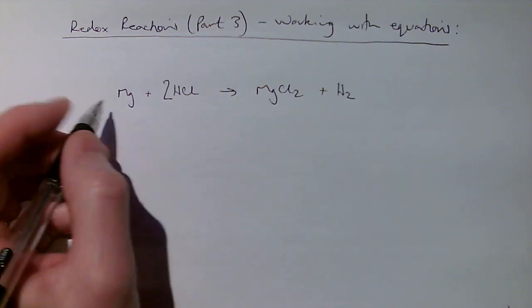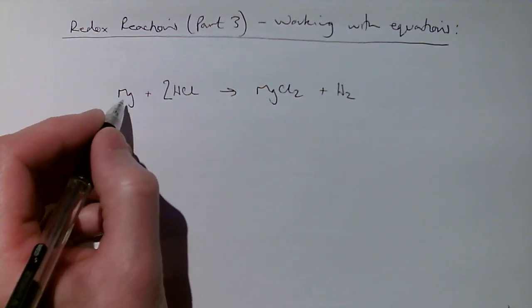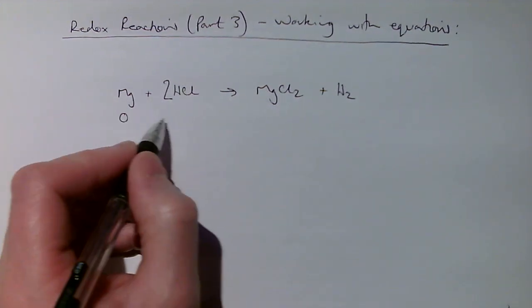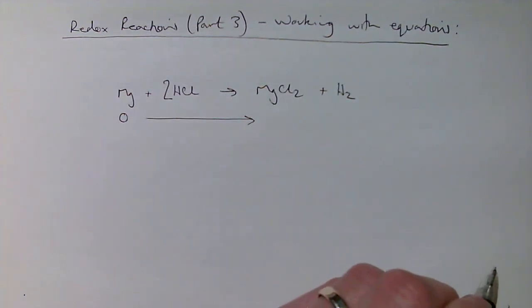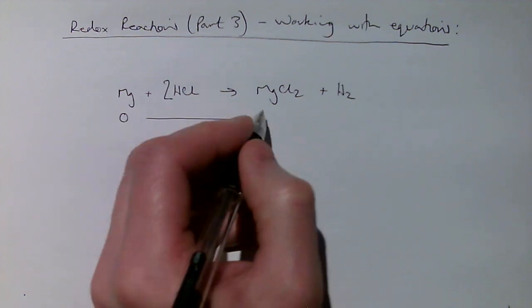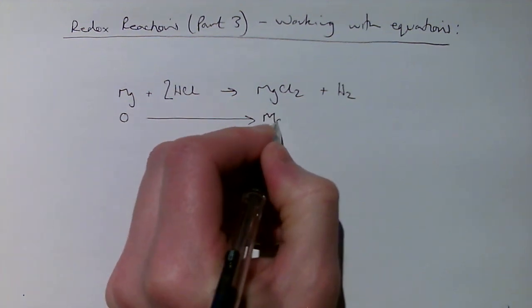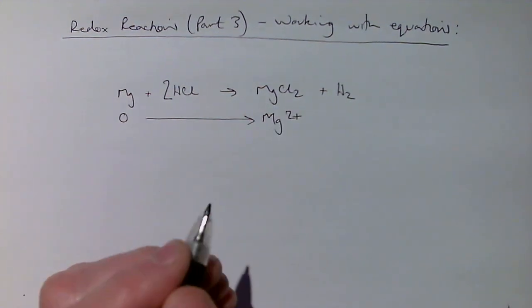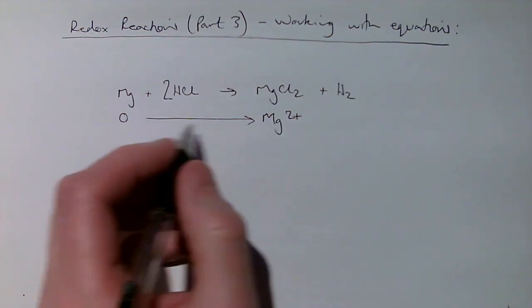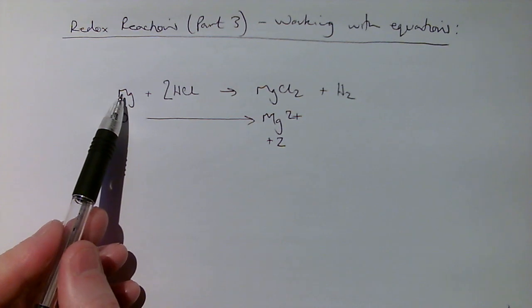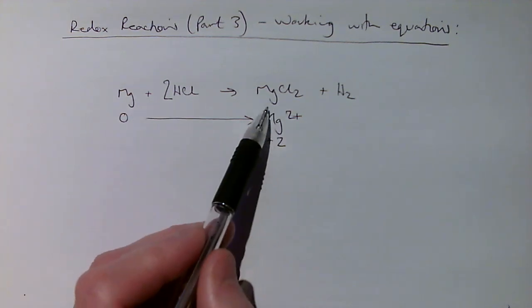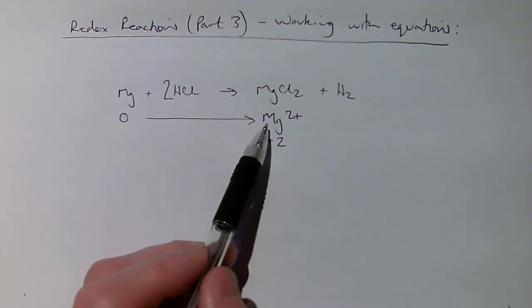The oxidation state of the magnesium atoms is 0. Those magnesium atoms form an ionic compound, so Mg forms Mg2+ ions, which have an oxidation state of +2. So the magnesium has gone from an oxidation state of 0 to +2, so therefore it's been oxidized.